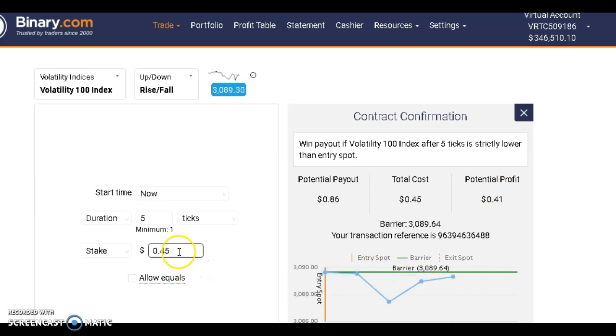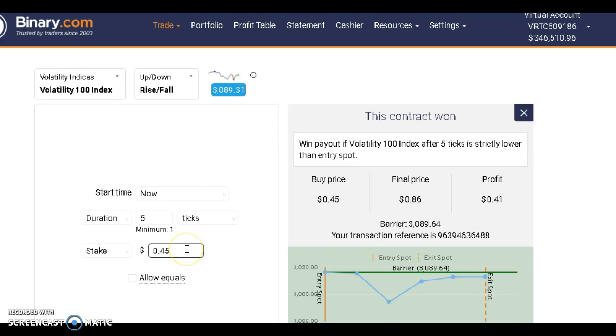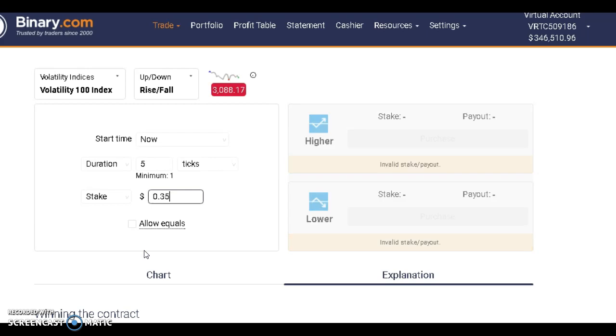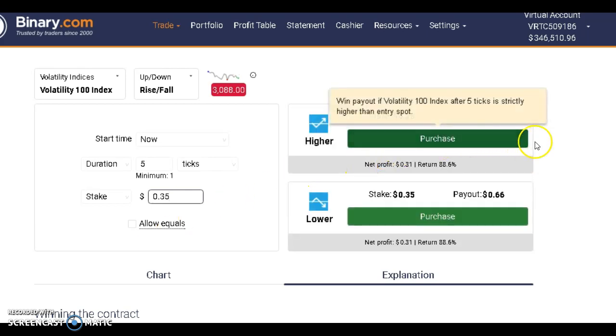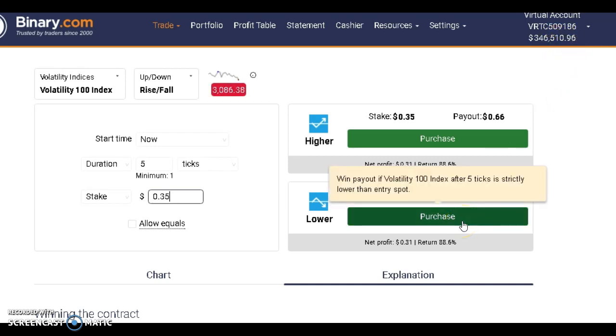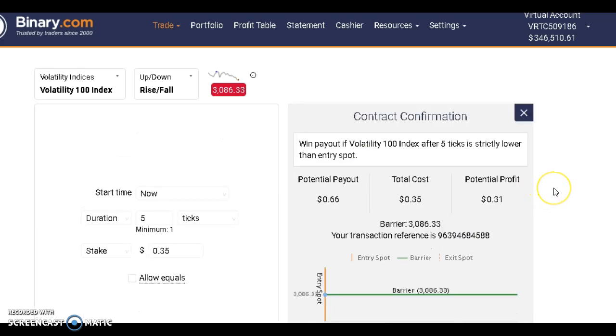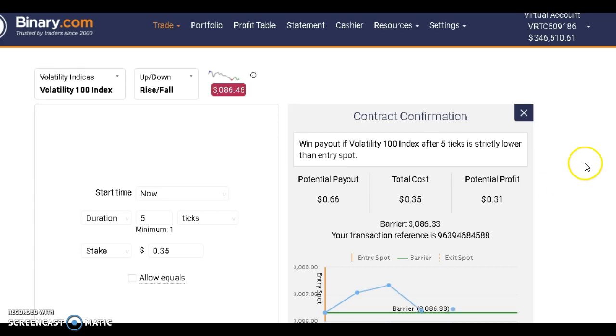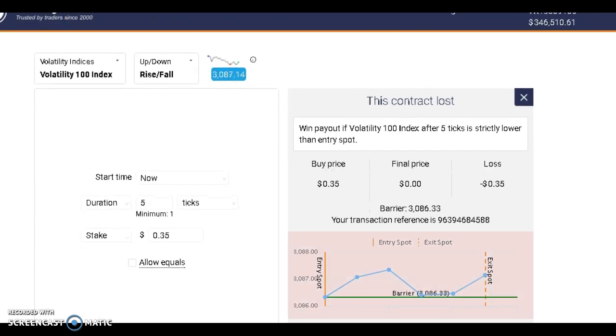Anyway, let me go back to the initial stake. Let's make the account balance get to 10, to 11. It's the second stake.